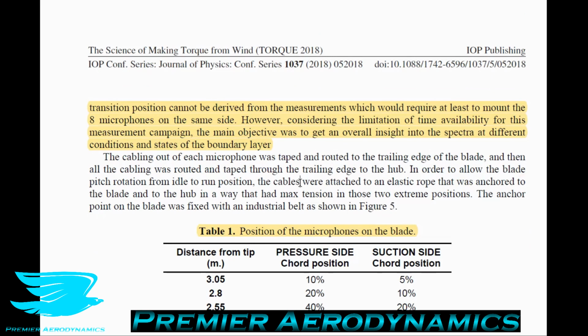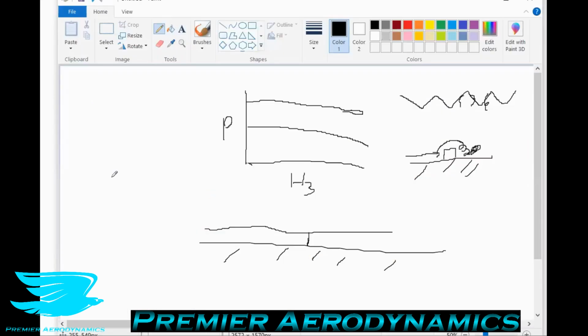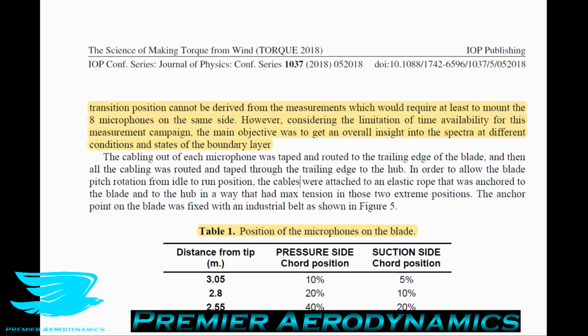So in other words, by having only 3 microphones, one close to the leading edge, one a bit further downstream, and one further downstream again, there are zones between each microphone which you cannot measure because obviously there's no microphone there. So what you can say is that between these two microphones, transition did occur somewhere. So they want to have a higher resolution, they're saying, but they don't have that ability. However, they still got insight into the spectrum at different conditions of the boundary layers.